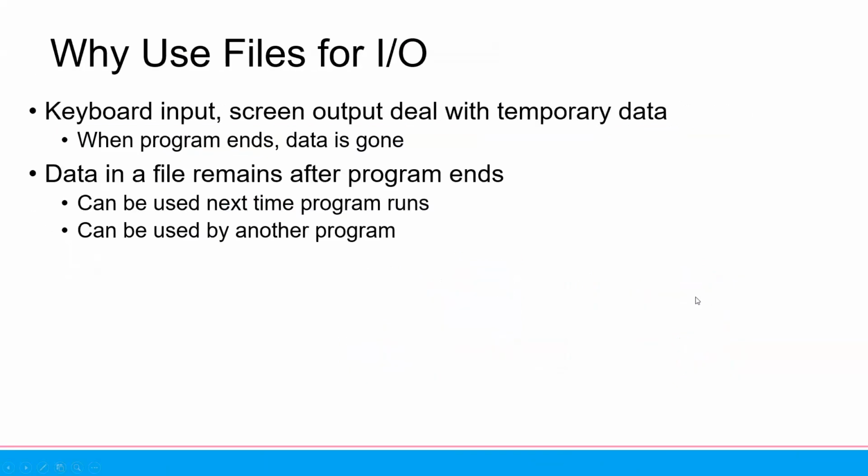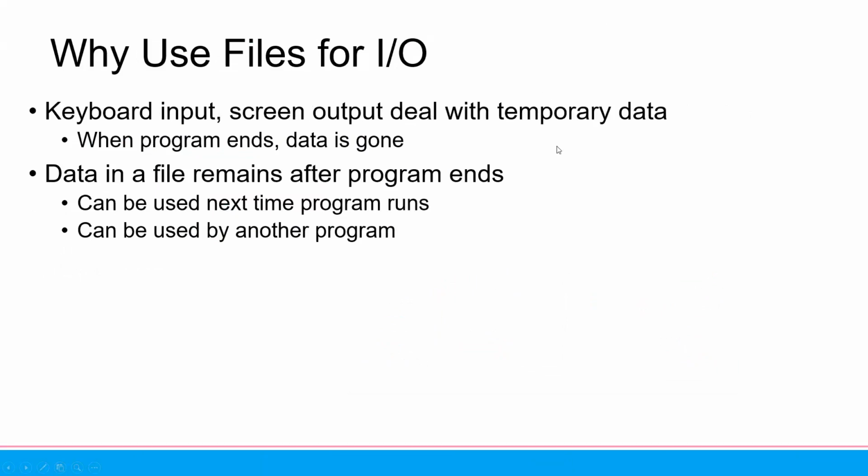So why do we use files for input and output? The keyboard input and screen output deal with temporary data. When you use keyboard input in Eclipse, it is temporary.